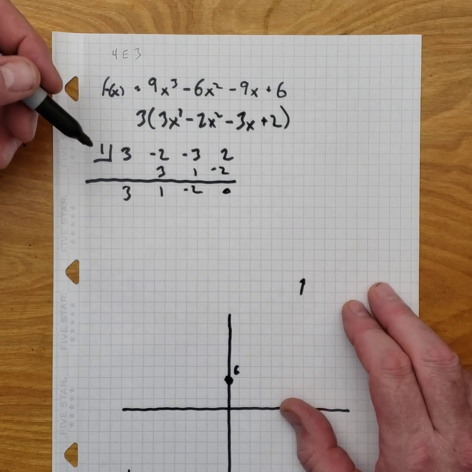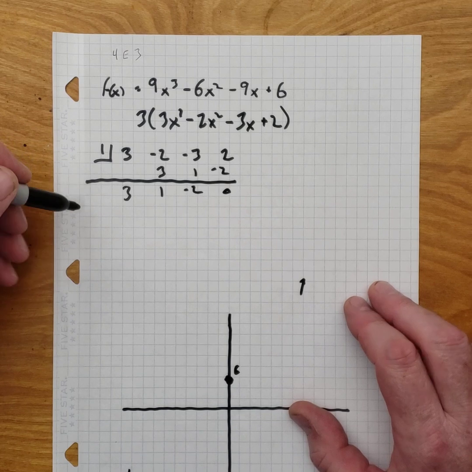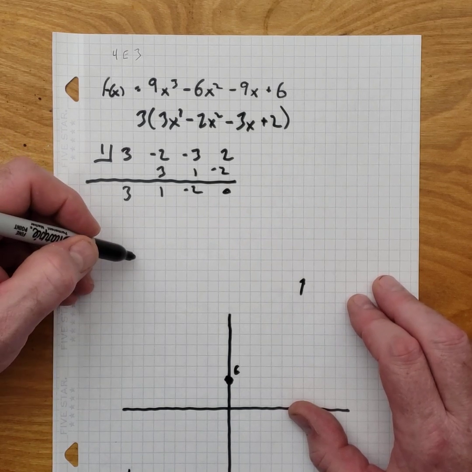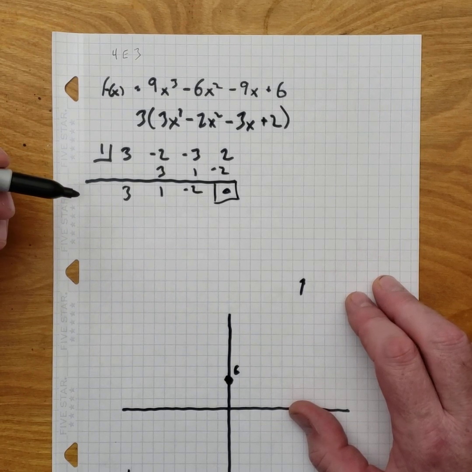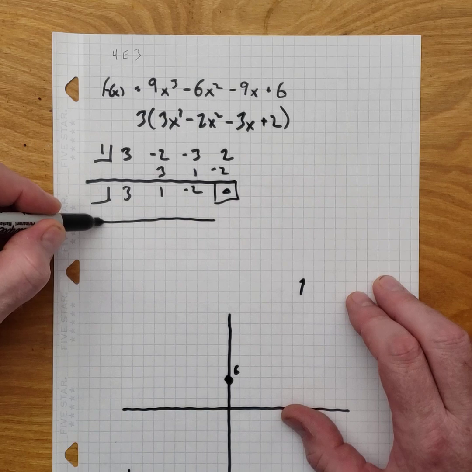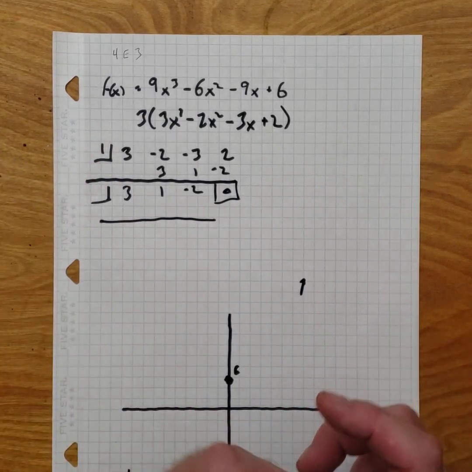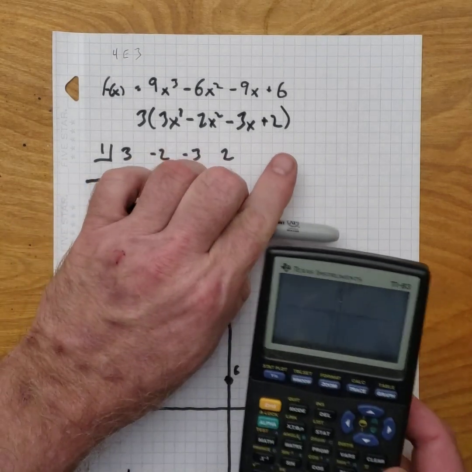And yeah, by the time you get to this section, you should be able to do your synthetic division that quickly, at least with small numbers. So here we go. I got my 0. Now, I don't have any wisdom about how to look at another number here, so I'm going to cheat. I already put this in the calculator.